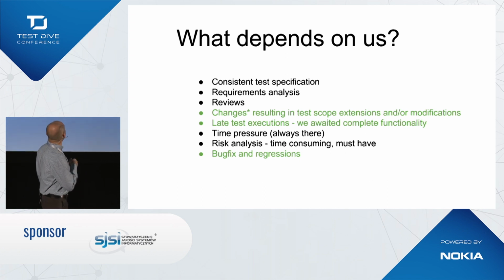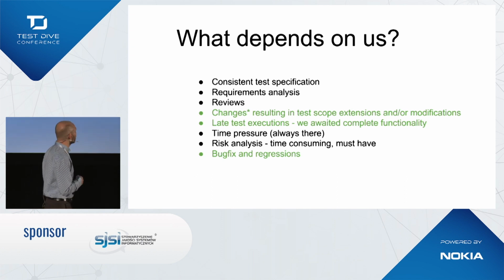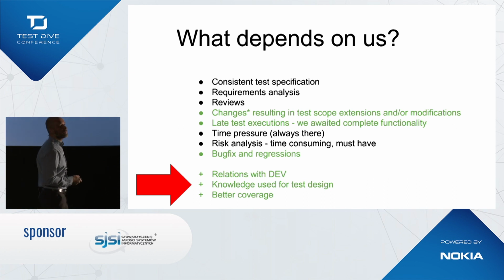So we can embrace changes, we are not afraid of changes anymore because we can still be fast. We do not perform delayed test executions, and we can influence the bug fix and regressions. And what is very important here, this is added value.